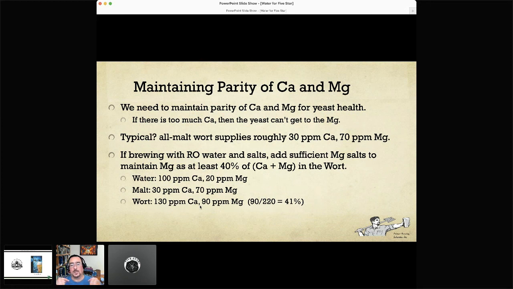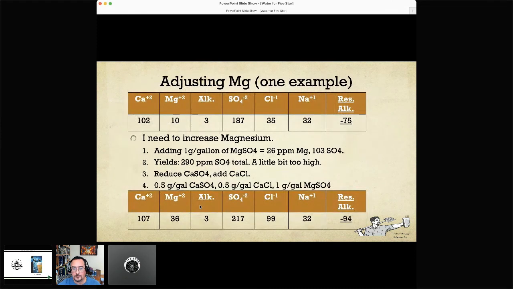Okay, so taking this concept into account of our water adjustment, I'm going to go back and look at this and say, okay, I need to add some magnesium to my water. So I'm at only 10 ppm magnesium. Let's increase that. I'm going to add 1 gram per gallon of magnesium sulfate, Epsom salt, to the water.